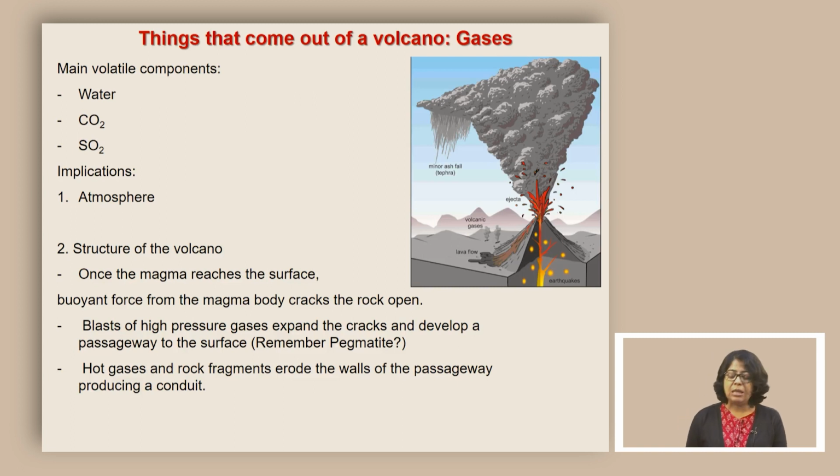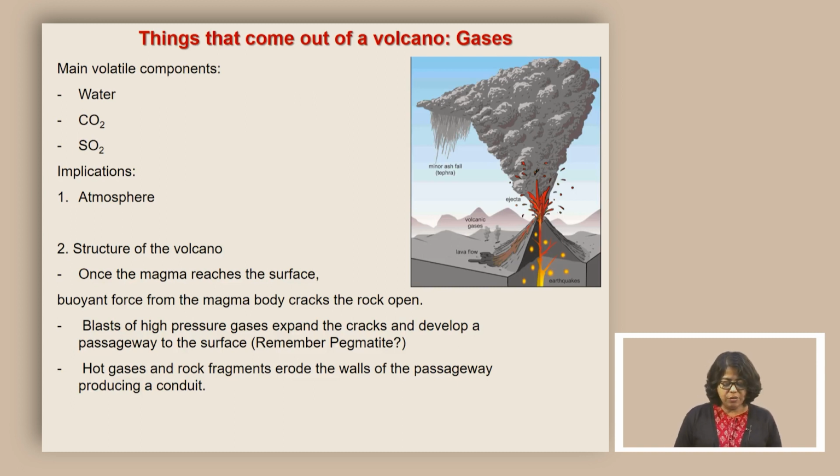So, depending on which kind of volcano we are looking at and what volatiles are coming out of that volcano, there can be a very important effect on the atmosphere and the overall temperature profile of the earth.